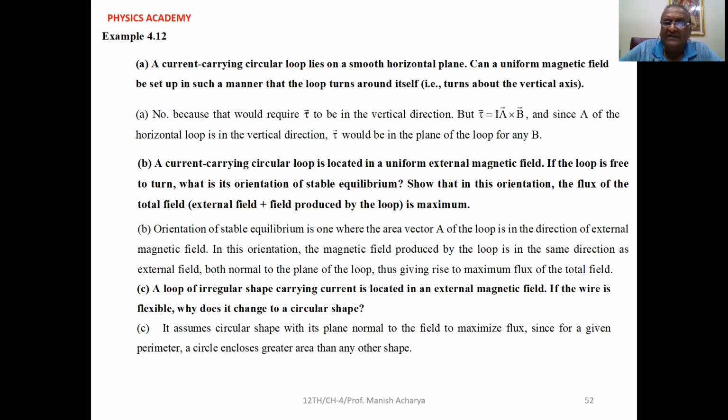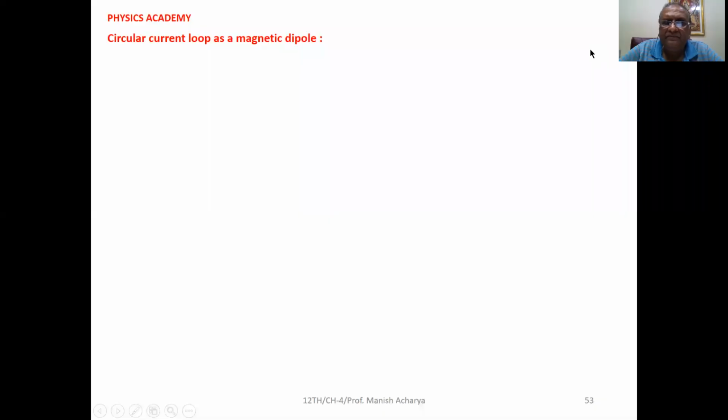Or in other words, we can say the flux tends to maximize, and if an irregular shaped loop becomes a circular one, then the flux passing through it will be maximum due to its maximum area. Clear to all of you?